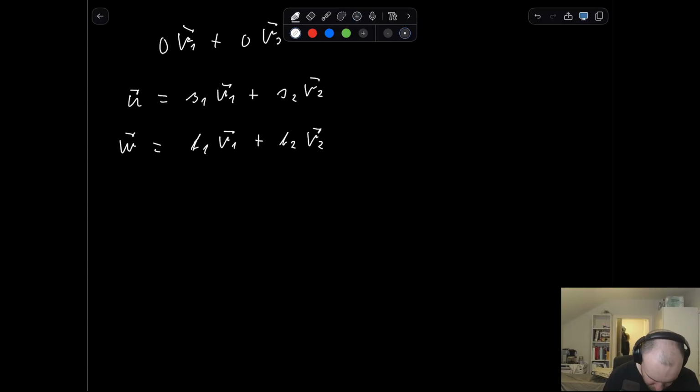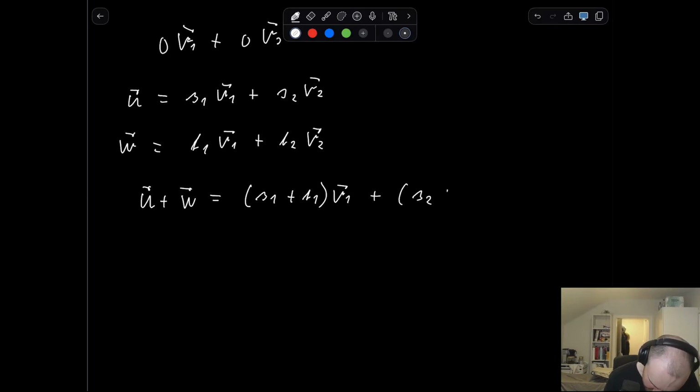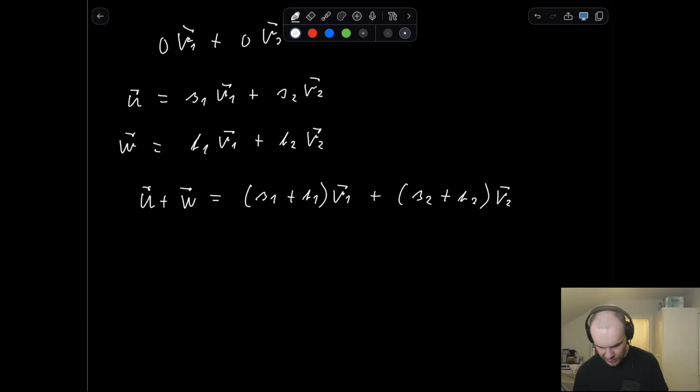Then, of course, I can test that linear combination idea, so I could say u plus w, and I can take out the constants, so I have S1 plus T1 times V1 there, and then I have S2 plus T2 times V2. Perfect. Here you see, these are just constants.